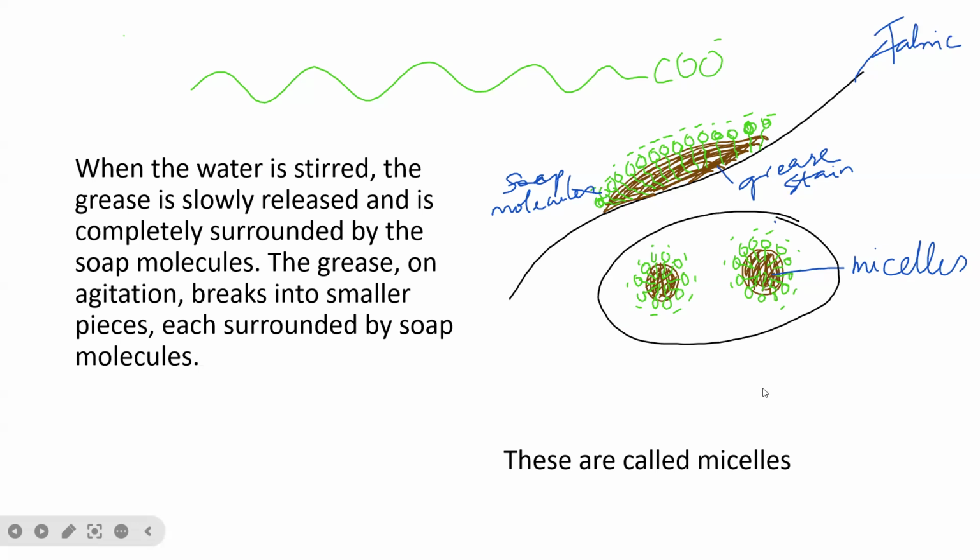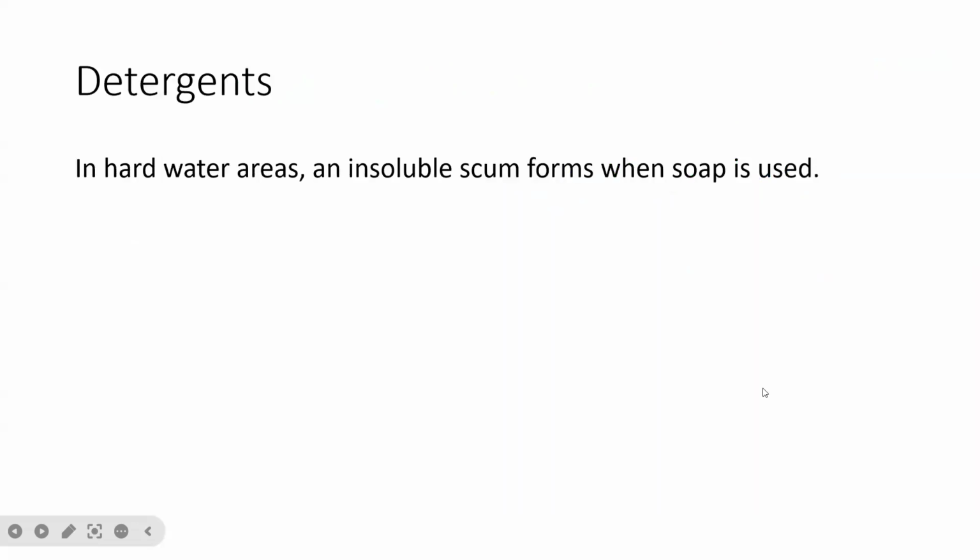So let's look at detergents. One of the things you heard when you did types of water, hard water and soft water, isn't it? And we are told that hard water wastes soap.